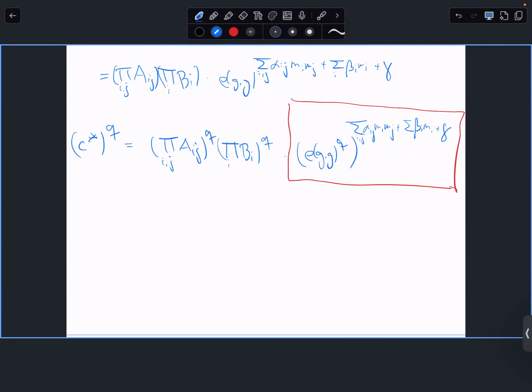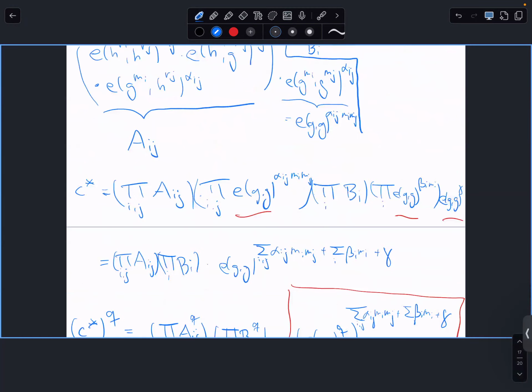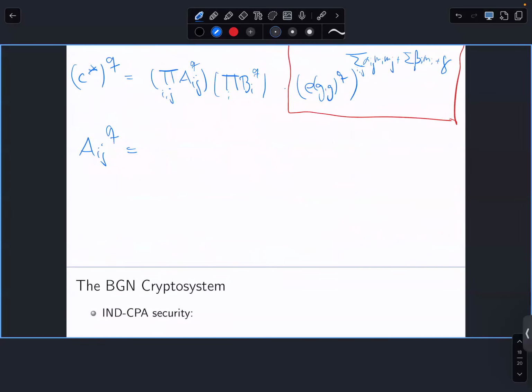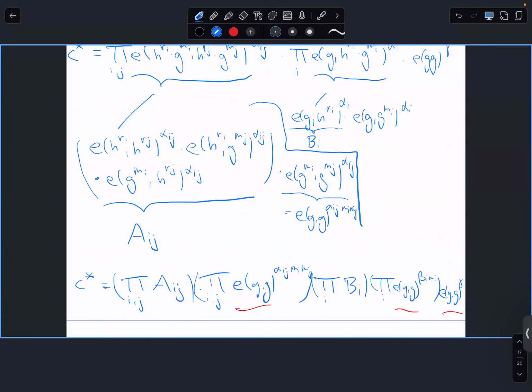Instead of raising to the Q out here, we can raise to the Q in here. It's the same thing. So what is Aij to the Q? Our Aij is this expression up here.